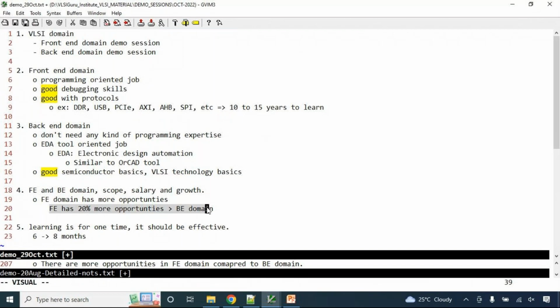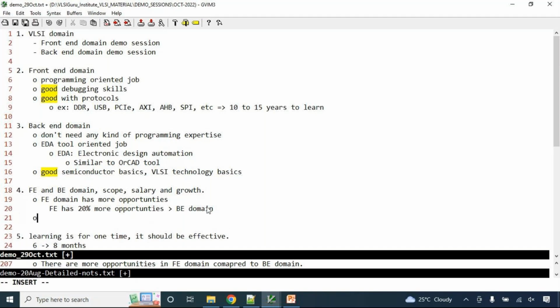Even at our institute, we have the same observation: as of today, in my front end domain, I have less than 5 people who need jobs, across the last 2-3 years.